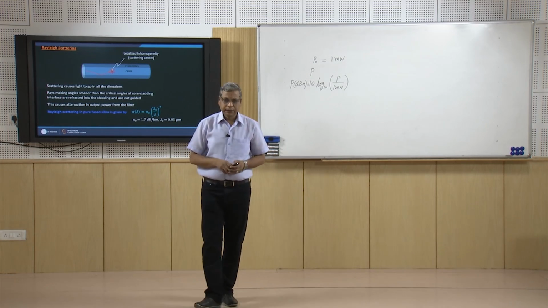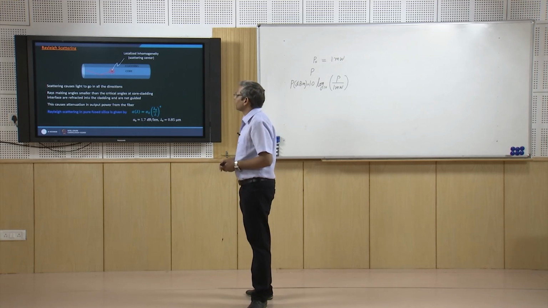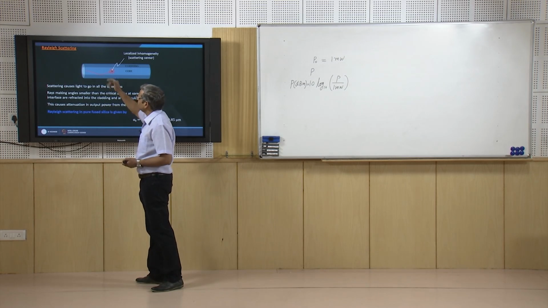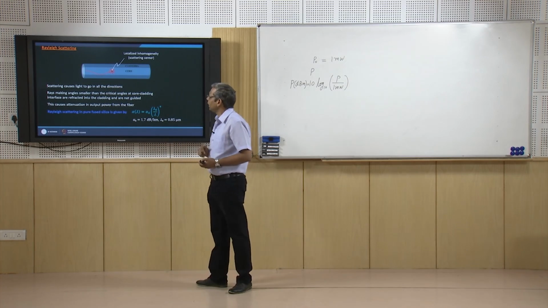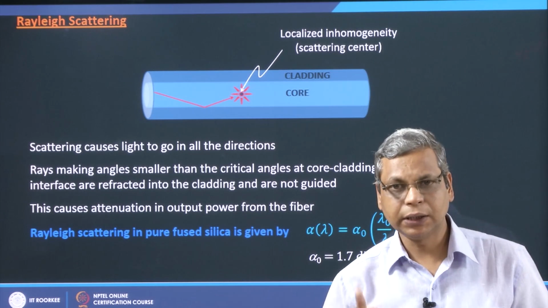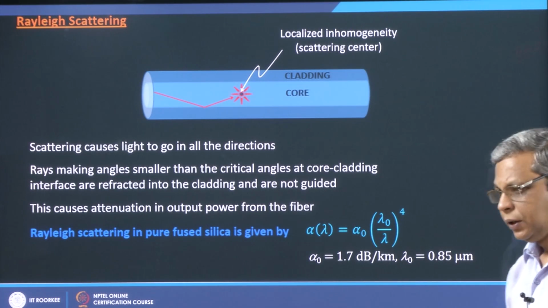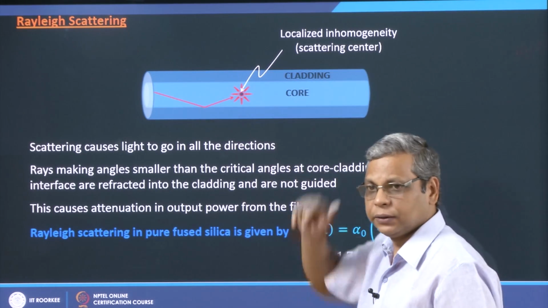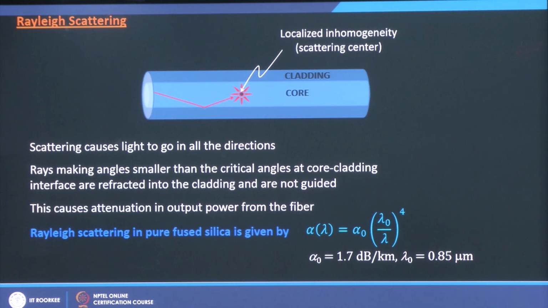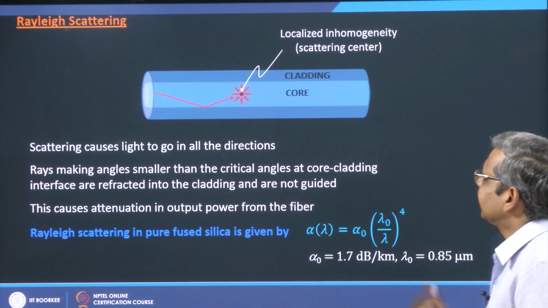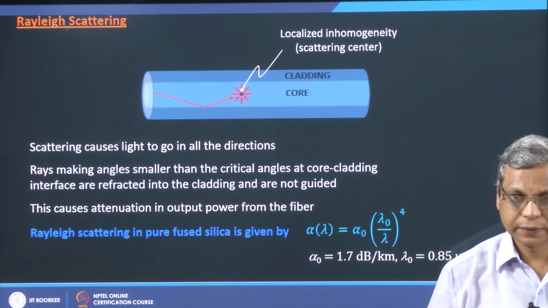Apart from these absorptive loss mechanisms, we have radiative loss mechanism, and this is primarily due to Rayleigh scattering, and this is caused by wavelength scale inhomogeneities which are frozen in the fiber during the process of fabrication. So, you have scattering centers which are developed during the fabrication process, and when light hits any of these scattering centers, then it scatters light in all the directions.